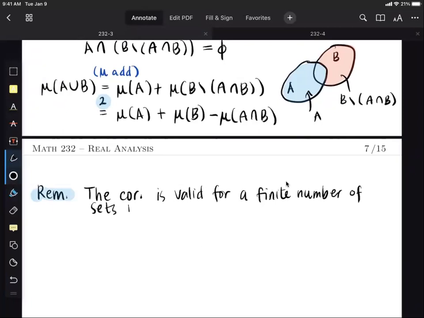Of course, these sets should be in the ring. And this is basically, let's say, the inclusion principle for contents.